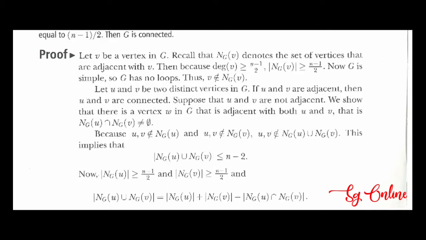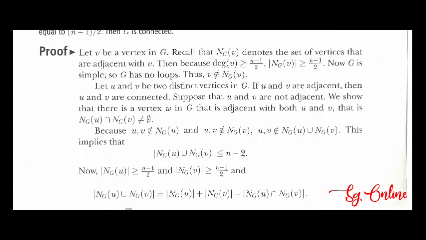So u and v do not belong to the neighborhood set of u or the neighborhood set of v. Therefore, they do not belong to the union of these neighborhood sets. And so the union of their neighborhood sets has cardinality at most n minus 2.